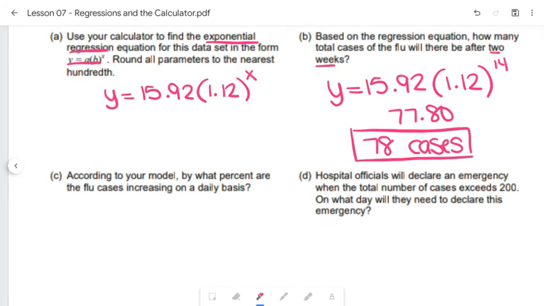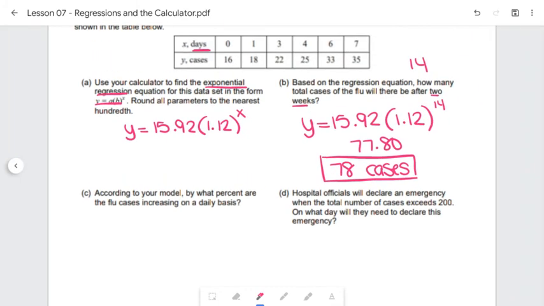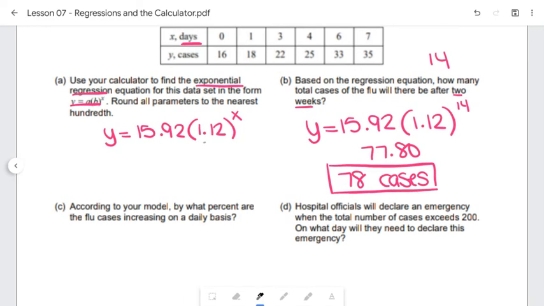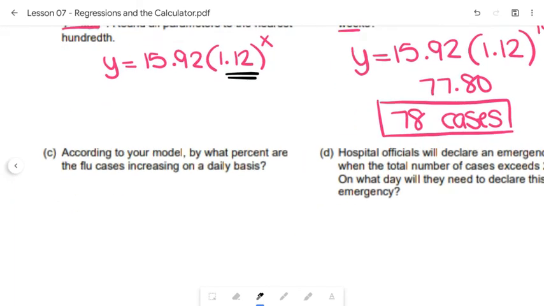According to your model, by what percent are the flu cases increasing on a daily basis? Remember, the percent has to be between 0 and 100. I get that from looking at this, right? We did that a while back with exponentials.